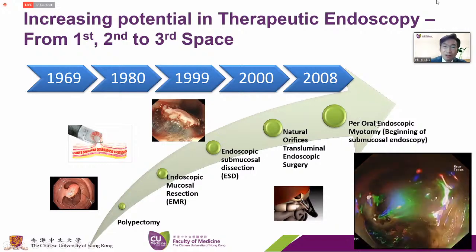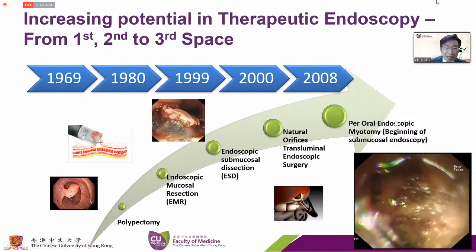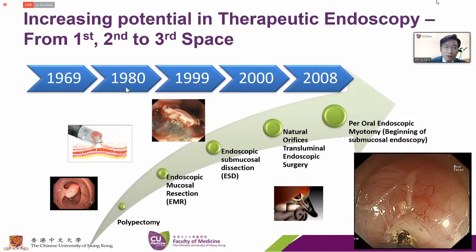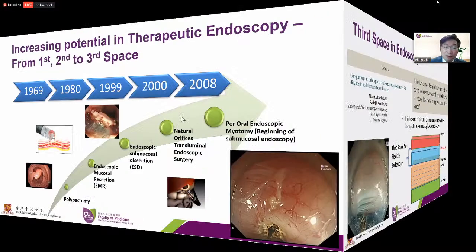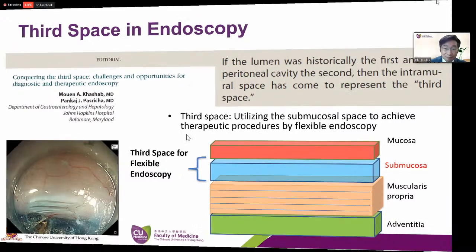Now we recognize the third space, which is the submucosa, with POEM as a beginning. And this is reported in GIE by Professor Kashyap that if the lumen is historically the first space and the peritoneal cavity is known to the endoscopist as the second, then the intramural space comes to represent the third space.